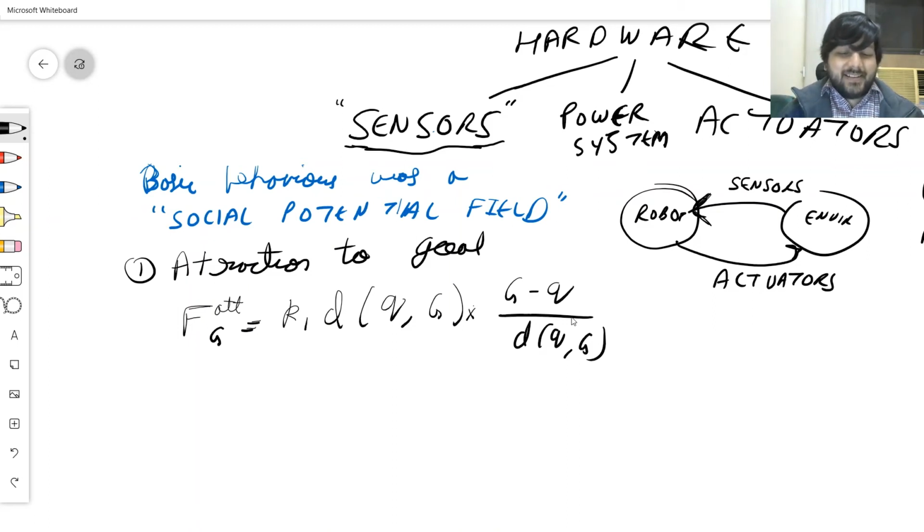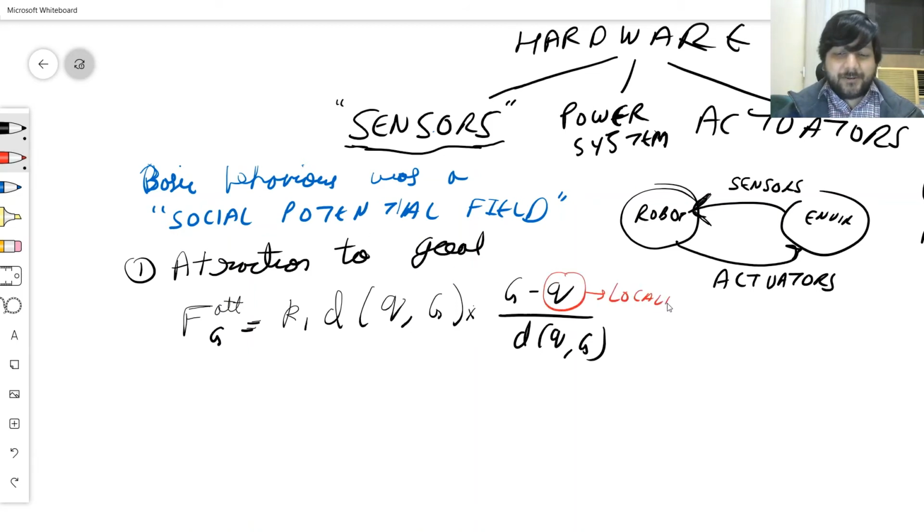And therefore, let us say the inputs are, as I said previously, that I need to know g, which is fixed. In a swarm, I'll have to really ask how do I know that? But in terms of the actual physical real robot, I had said that goal coordinates are always known. And I needed to know q. There I had said that I use a localization system.